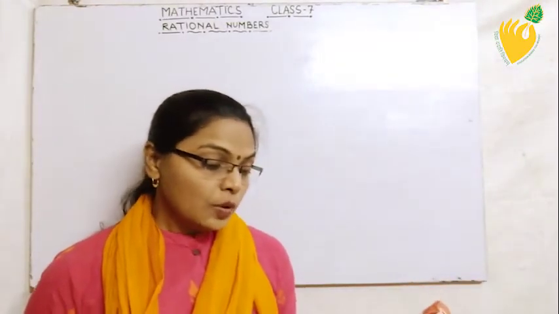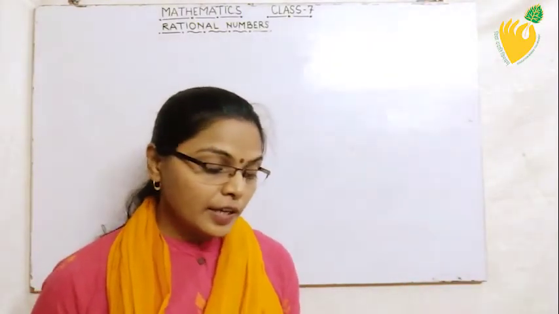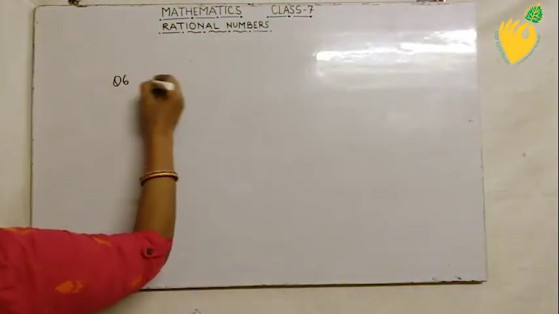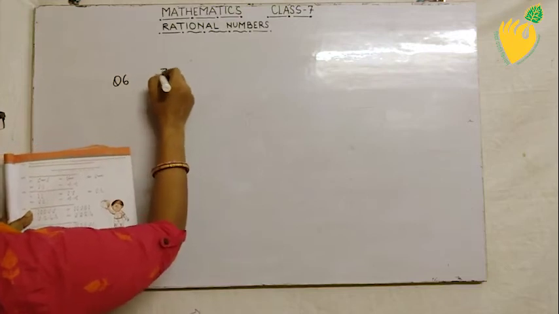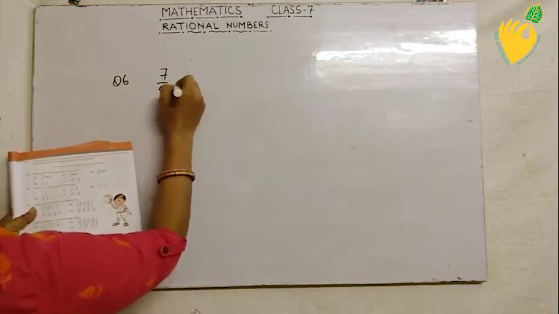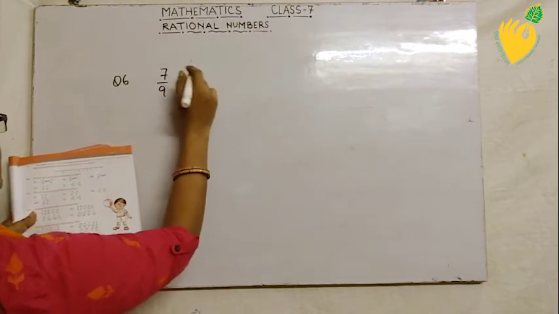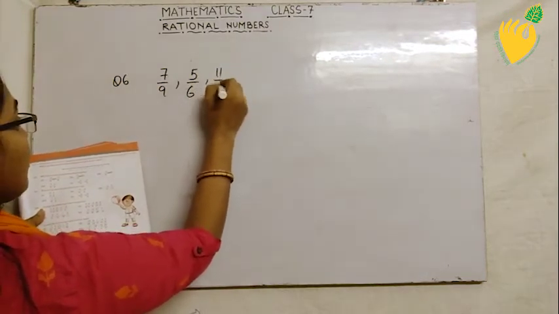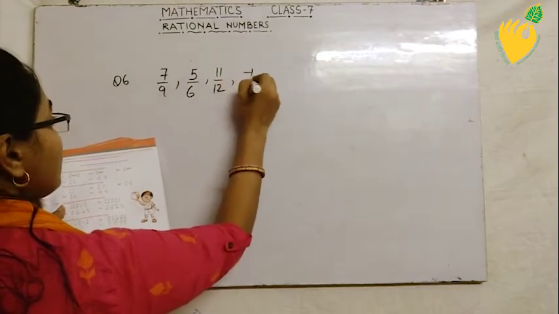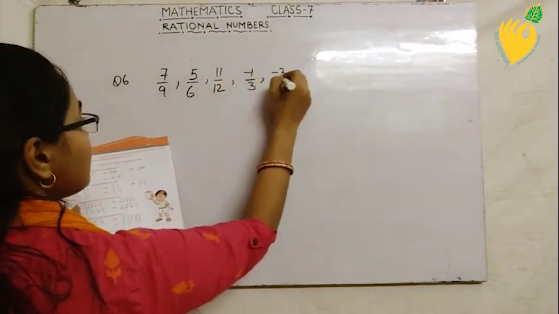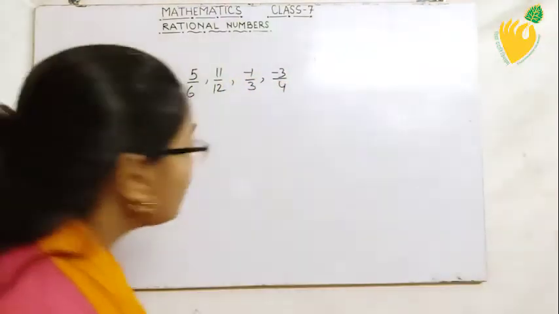Now students, let's do question number 6. Arrange the following in ascending order. What are the numbers? 7 upon 9, 5 upon 6, 11 upon 12, minus 1 upon 3, and minus 3 upon 4.